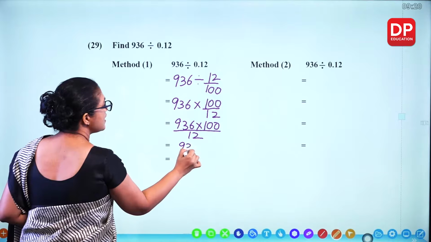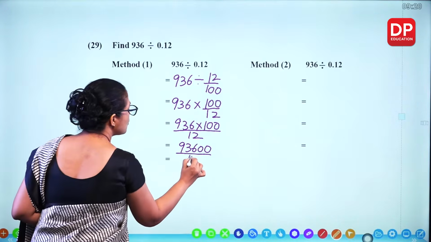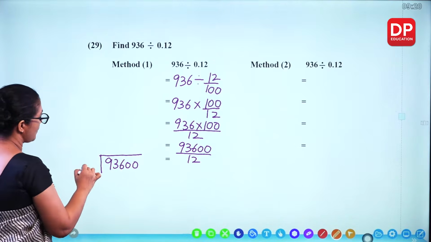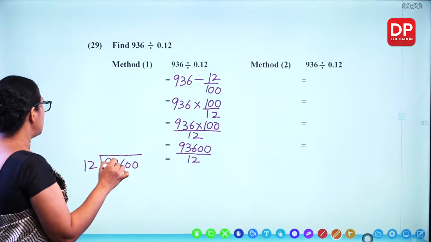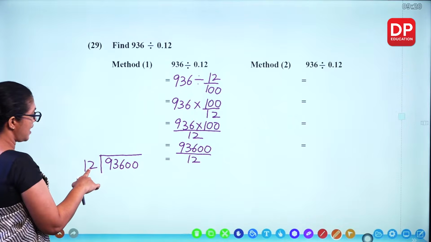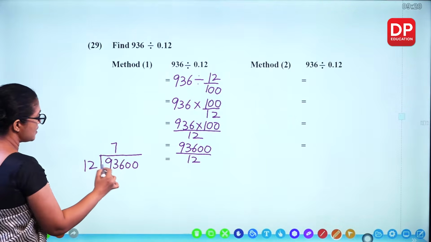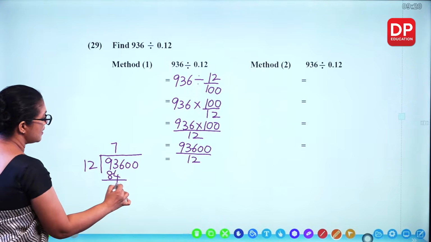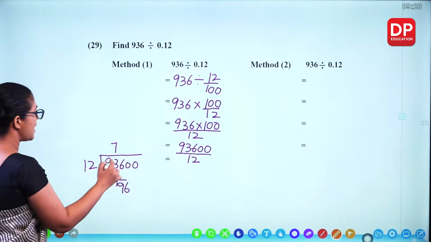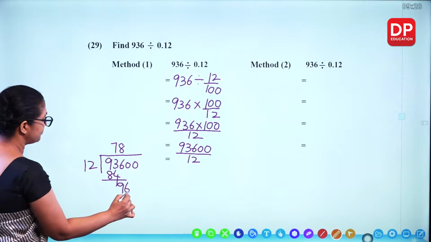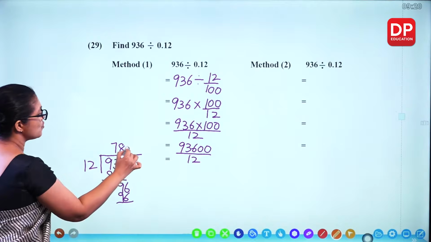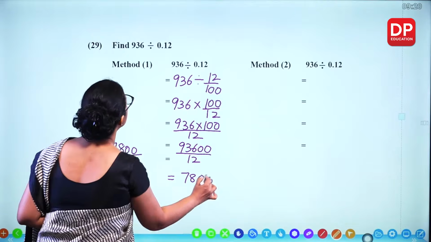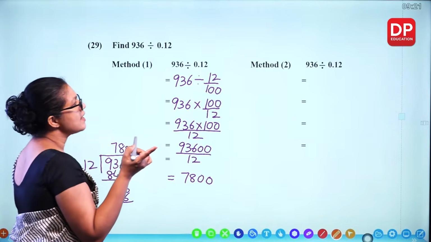So 93600 divided by 12. 12 times 8, 96. So 7. 7 times 2, 14. 7 times 1, 7 plus 1, 8. So 9 remaining. For 96, that's 8. So 2 zeros. 7,800 is the answer.